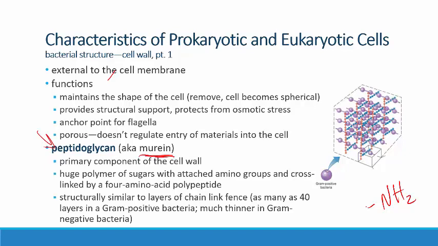And in gram-positive cells, the cell wall is much thicker, so there might be as many as 40 of these layers of chain link fencing around the bacteria if it's gram-positive. In a gram-negative bacterium, it is much, much thinner.